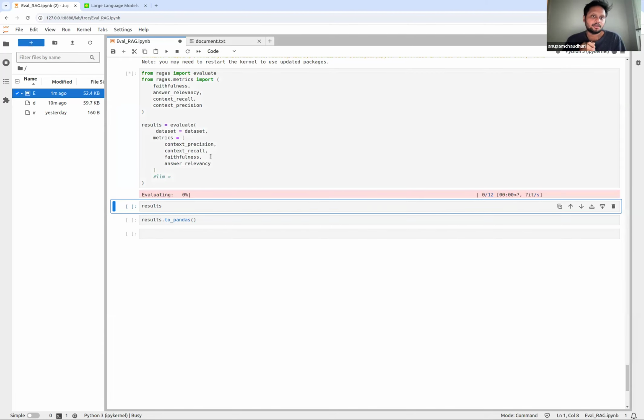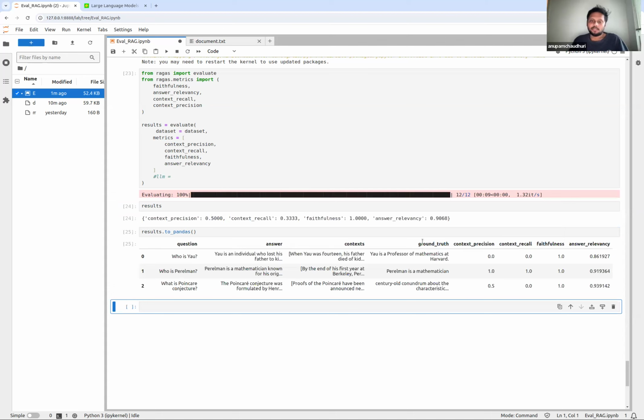If we run it, it will do the evaluation, and later we can explain at least one of the metrics, and you can find out the other metrics yourself. You see, it got 1 right now, because we changed to Perelman.